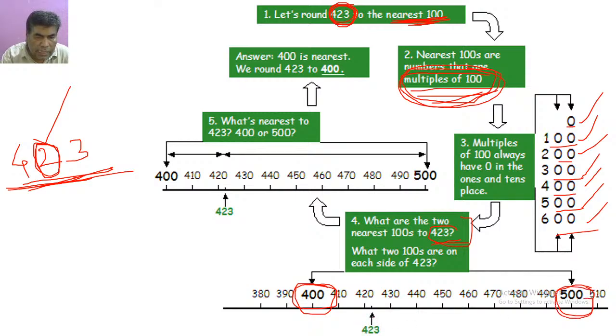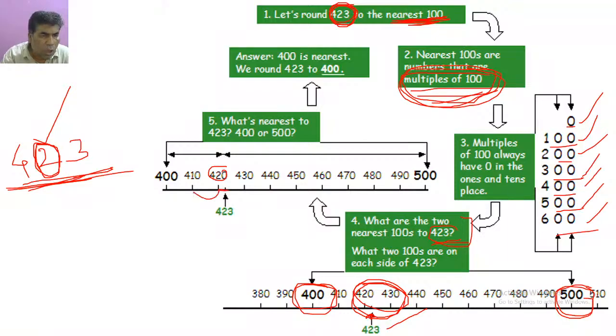Here 423 will be between 420 and 430, which means between 400 and 500. So approximately what is the distance? Let's take from 420, because it is nearer to 420.